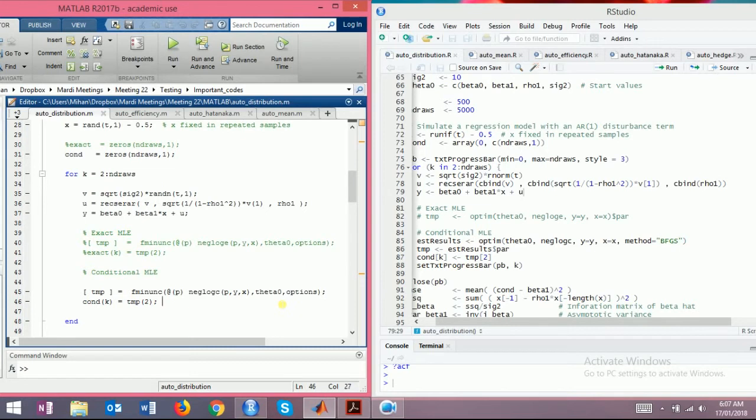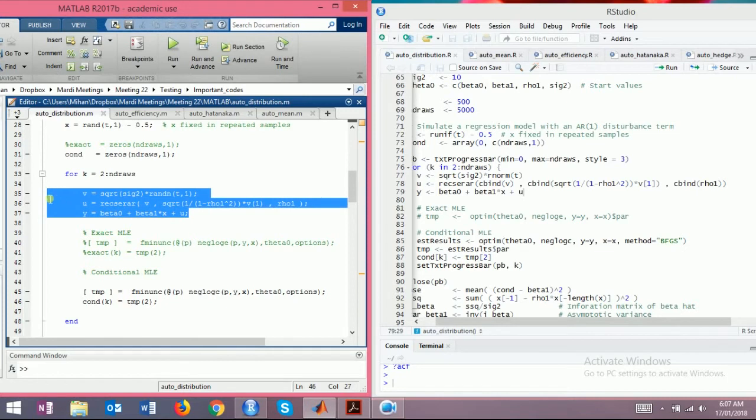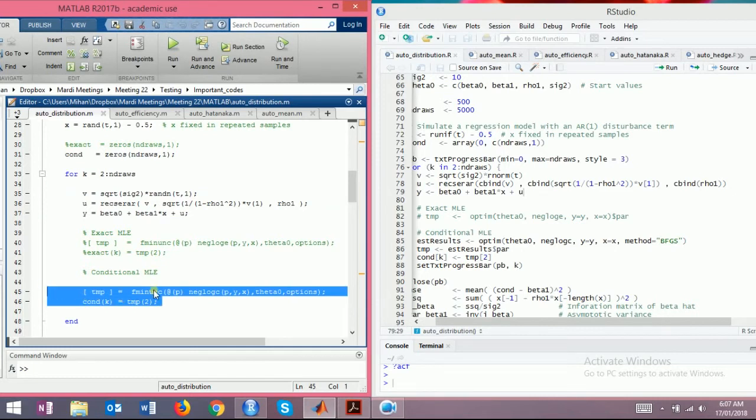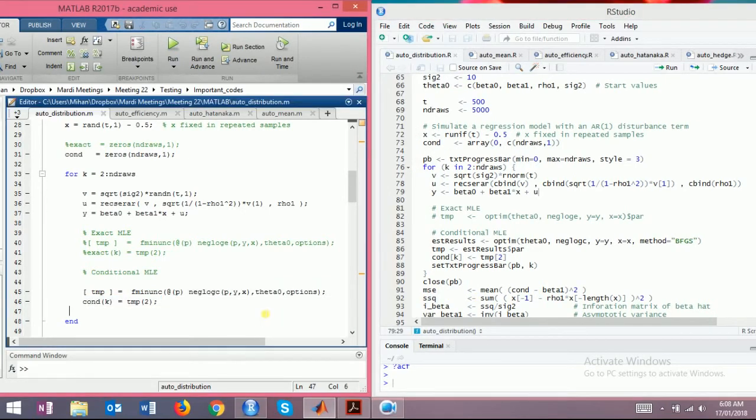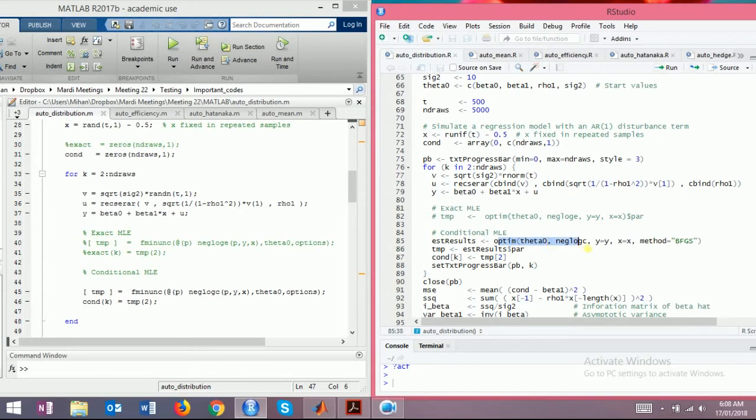Okay, and then for k equal to 2 to n rows, we generate randomly v, u, y, and then we run the function tmp, where after running the function the neglog conditional function is run with fn on beta inputs, theta naught, y equals y, x equals x, method BFGS Newton-Raphson algorithm is used, and tmp has the par results, thetas are updated.